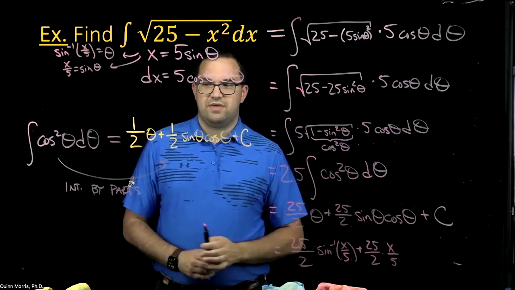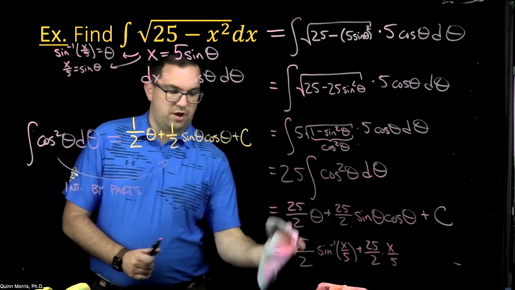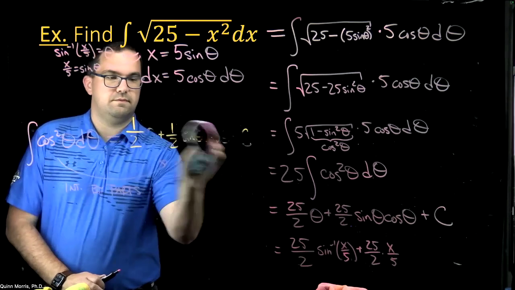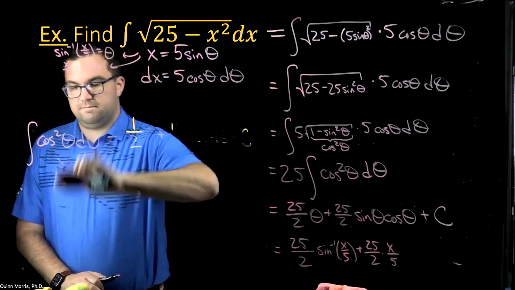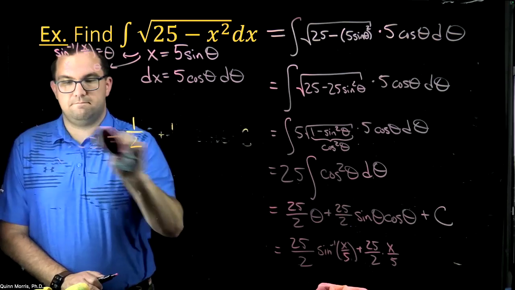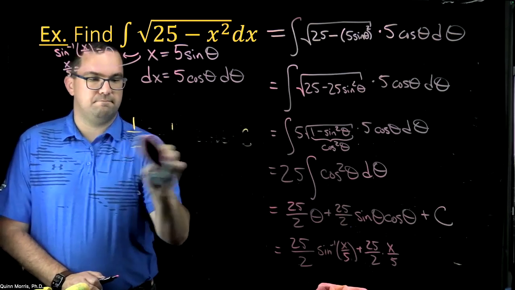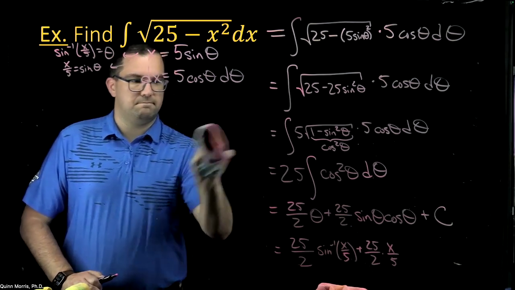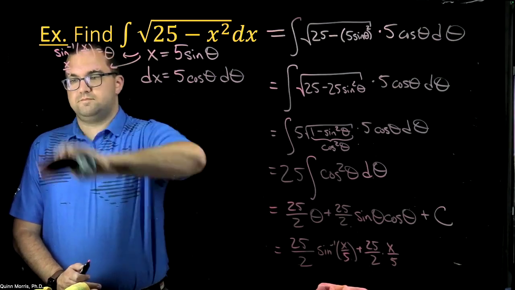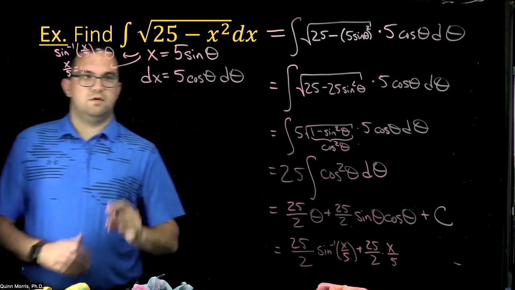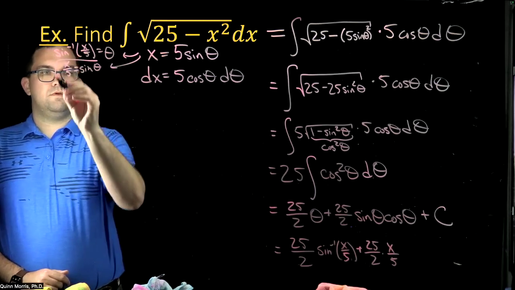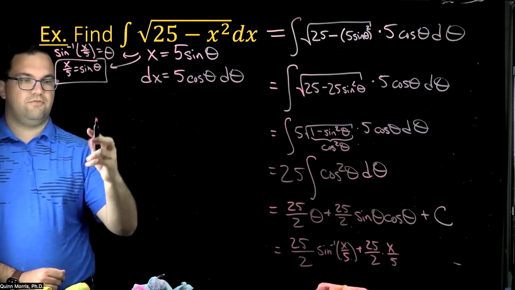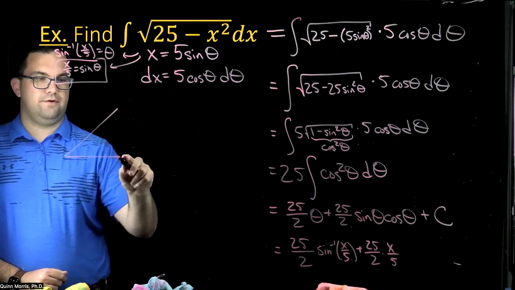But the cosine of theta, we have to create a reference triangle to get the value of. Using the fact that sine of theta is equal to x over 5, which is opposite over hypotenuse, I can create a reference triangle.